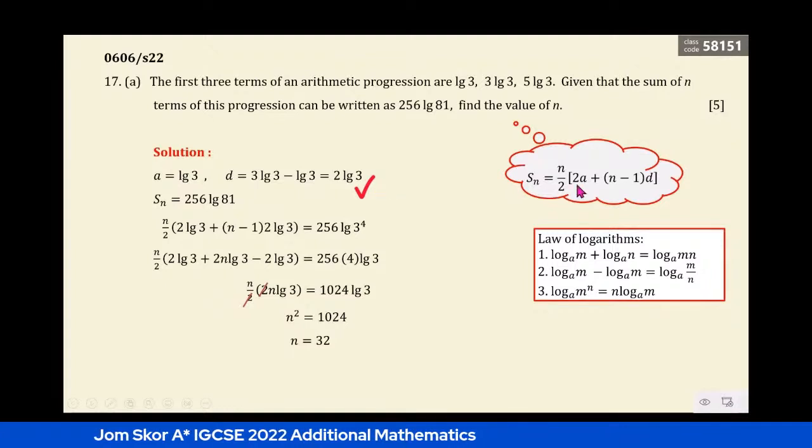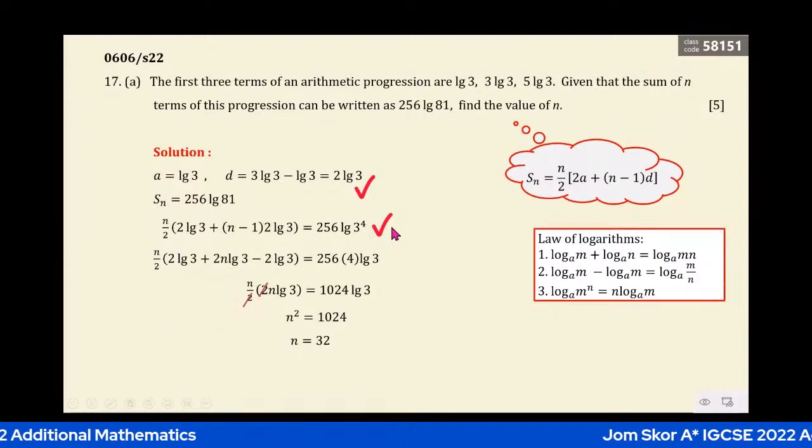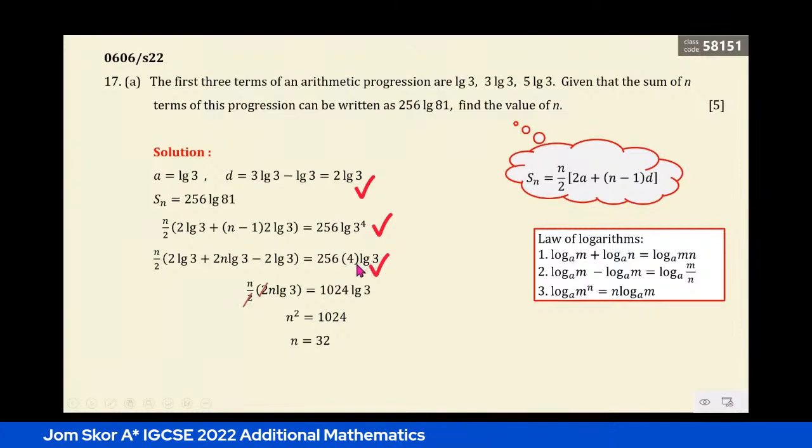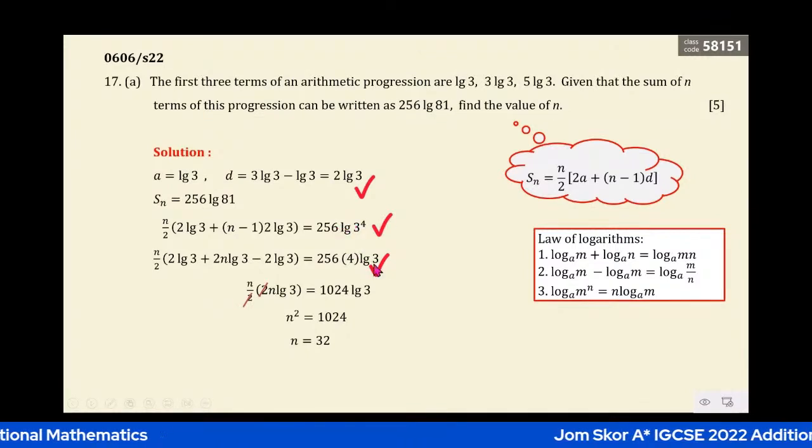Okay, and then you use SN to attempt to solve your problem. Alright, so the second mark. Markah ketiga, when you get this. Yang ini, you use the law of logarithm. For guna satu law of logarithm, yang ini. So you will get 1 mark.